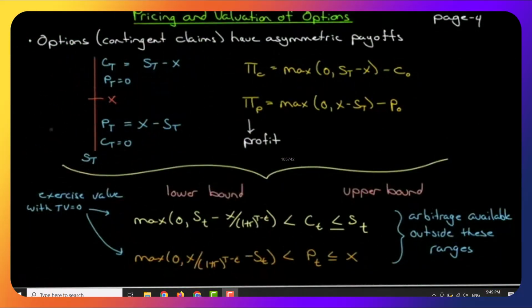Okay. Pay attention here to the learning objective that we're doing. Contrast the use of arbitrage and replication concepts in pricing forward commitments and contingent claims. So what I'm going to do here is introduce the notion of arbitrage in options. Little different than you would have in forward commitments. Once we get to contingent claims, we must consider a range of non-arbitrage prices, a lower bound and an upper bound.